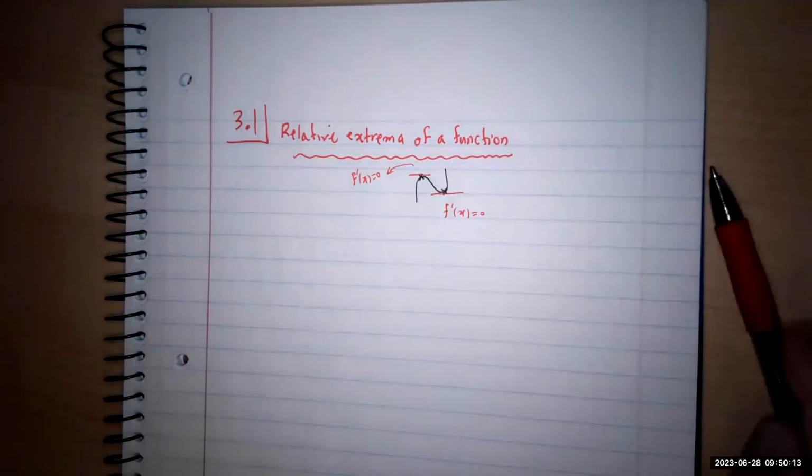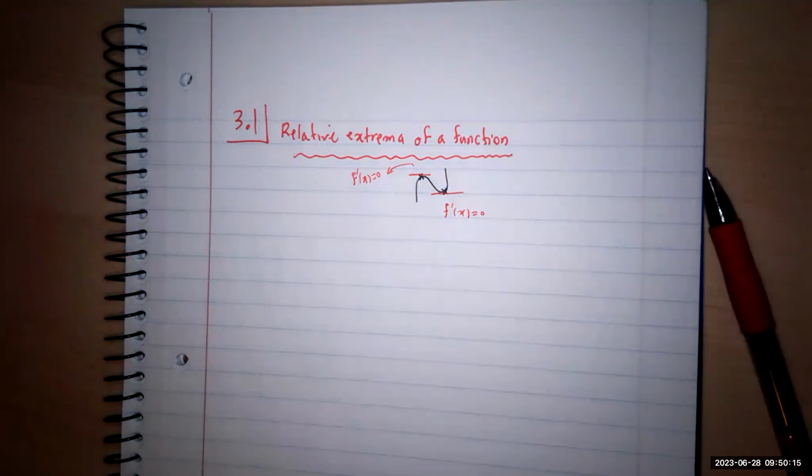So one way to find a maximum and a minimum is to find the candidates. The candidates for the values of x that give the maximum or the minimum are where f'(x) is 0.